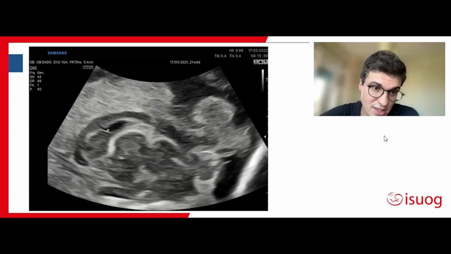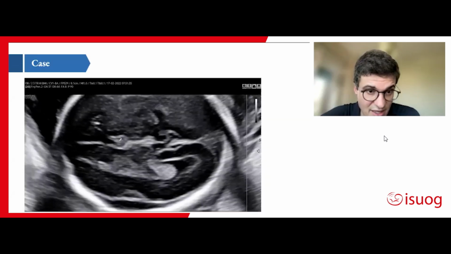We can see that there is a really strange mass in the anterior part of the corpus callosum, and the corpus callosum is present with a different thickness along its length. And this condition was associated with a cortical anomaly, in which the thickness of the corpus callosum is completely inhomogeneous, and this was associated with a hamartoma of the corpus callosum itself.